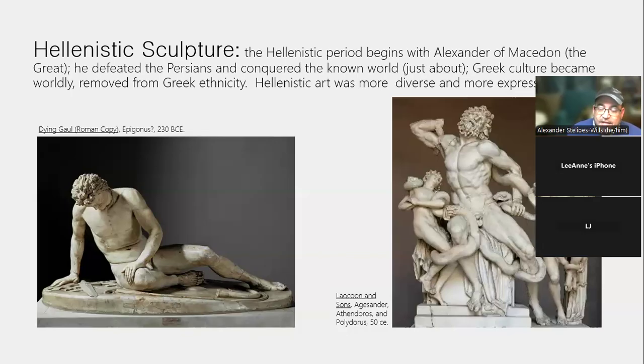And now, in the aftermath of what Alexander had done, making this big world where Greek culture had spread all over, right? And there were now Greek kingdoms all over what used to be Mesopotamia and Egypt and all the lands in between, what used to be Elam, what used to be all of these different places in the Middle East, what used to be Phrygia.